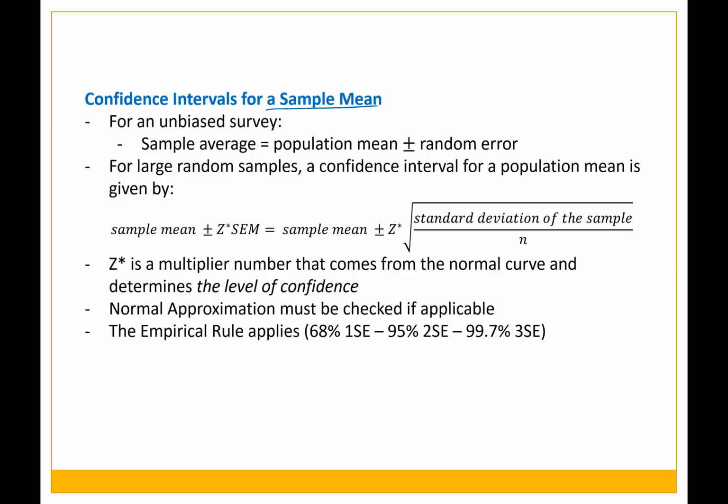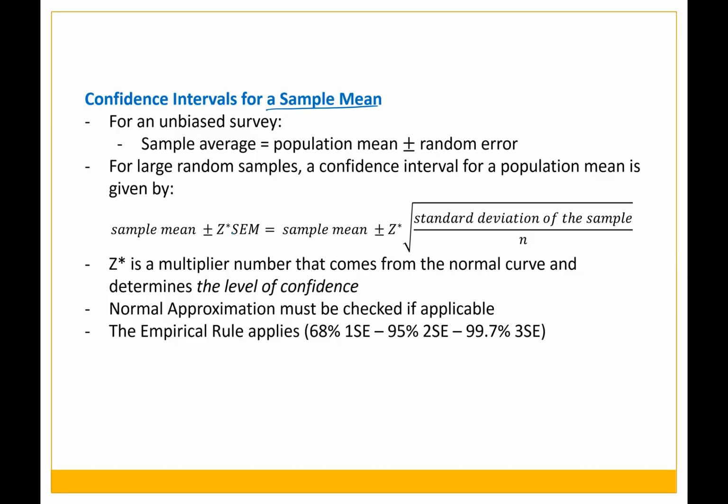The difference here is that in the previous part, when looking for the confidence interval for a sample proportion, we had a categorical variable, so the percentage of the population containing a trait is represented by a proportion or fraction. But for a sample mean, we're talking about a quantitative variable, where the sample contains a bunch of numbers, and we use the standard deviation and standard error to calculate the confidence interval.